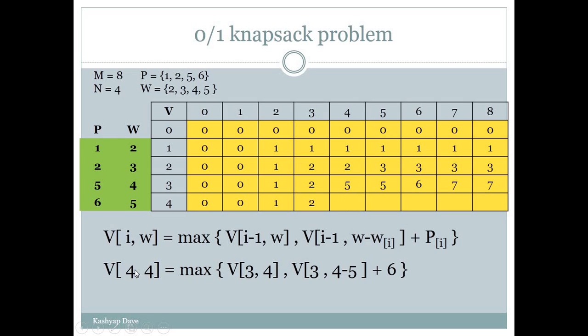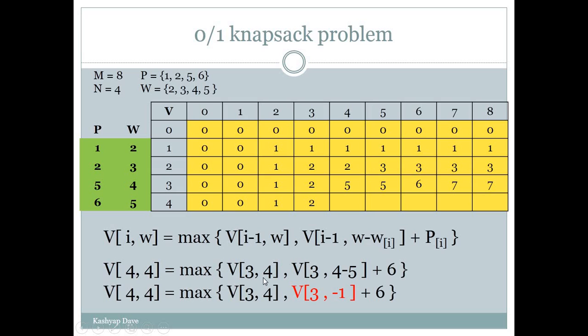Okay, now let's calculate for our 4 4. So for V44, V I minus 1, means 4 minus 1 is equal to 3, comma W is equal to 4, comma V I minus 1, means 4 minus 1 is equal to 3, comma W means 4 minus W of I, weight is 5, so 4 minus 5 plus 6.